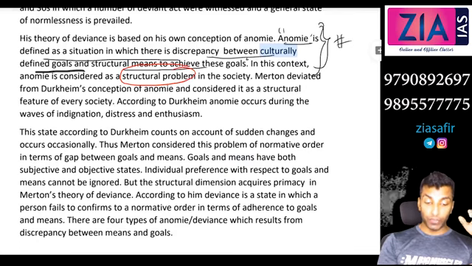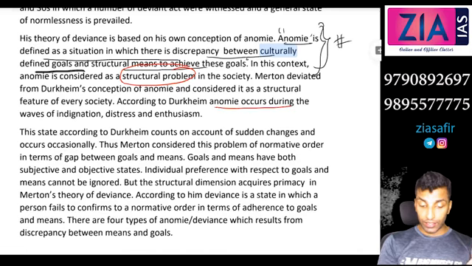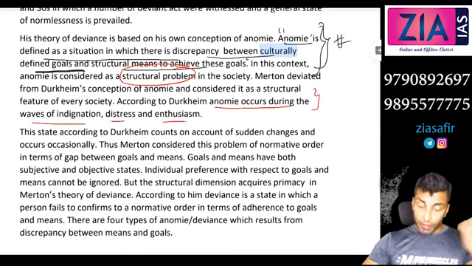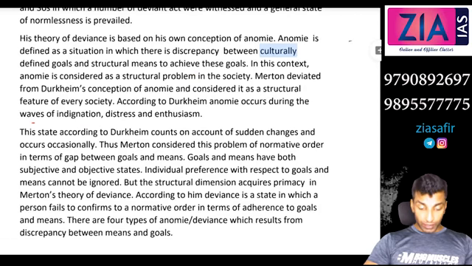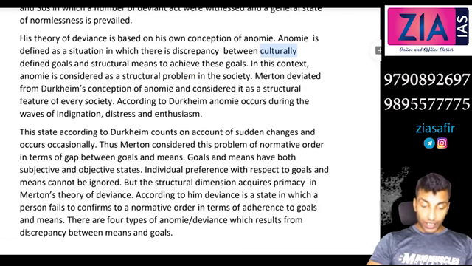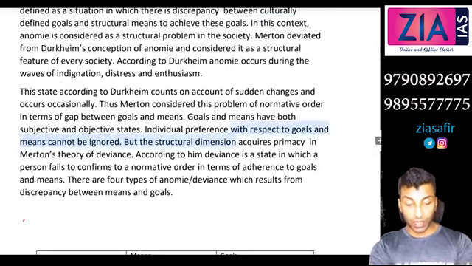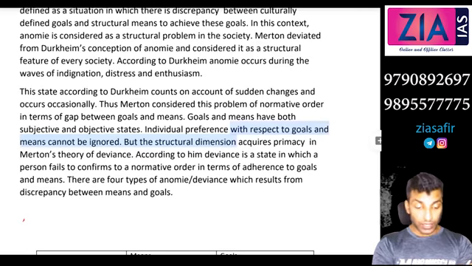Merton deviated from Durkheim's concept of anomie and considered it as a structural feature of every society. According to Durkheim, anomie occurs during the waves of indignation, distress, enthusiasm. These are temporary situations, a temporary abnormality or pathology we have discussed here. This state, according to Durkheim, occurs on account of sudden changes and occurs occasionally.